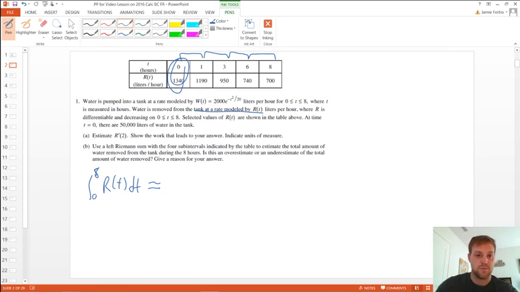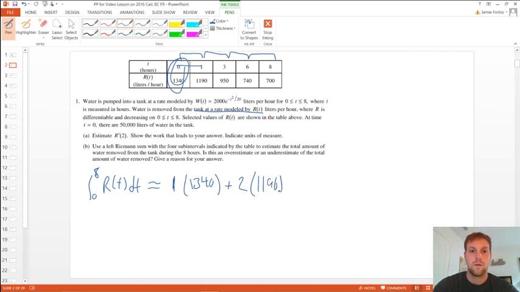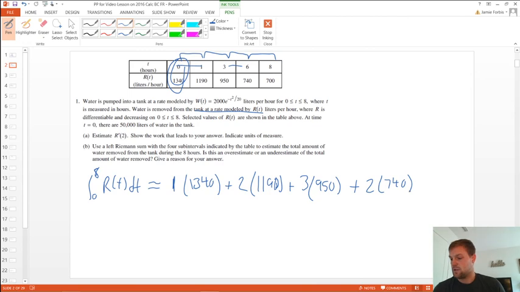That approximation is approximately equal to, so the first rectangle has a length of 1, 0 to 1, times the leftmost value, 1340, plus 1 to 3 is 2, times the leftmost value, 1190, plus 3 to 6 is 3 times 950, and then plus 6 to 8 is 2 times 740. So there's your left Riemann sum.